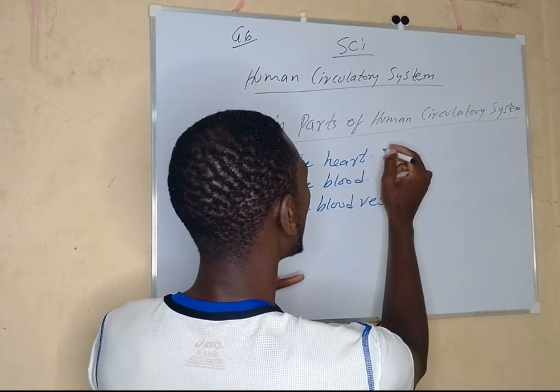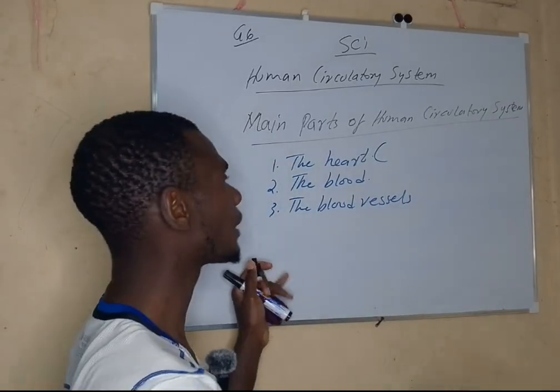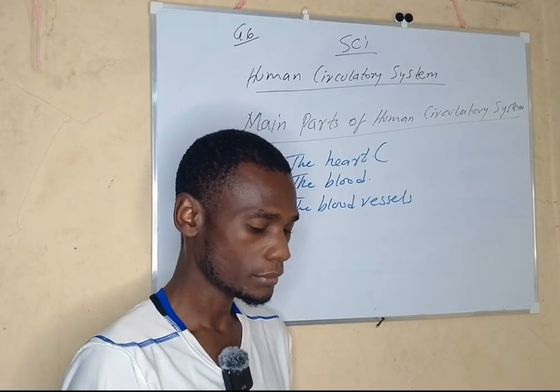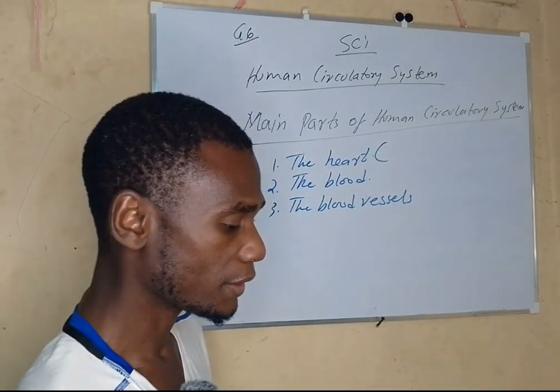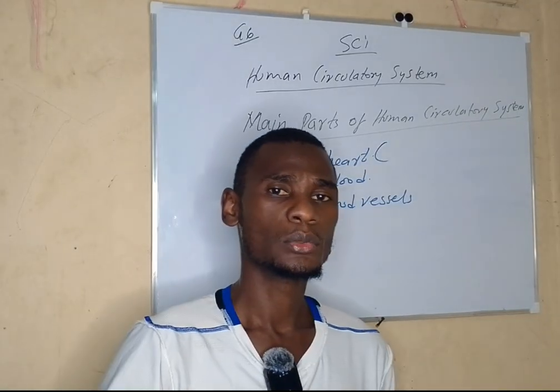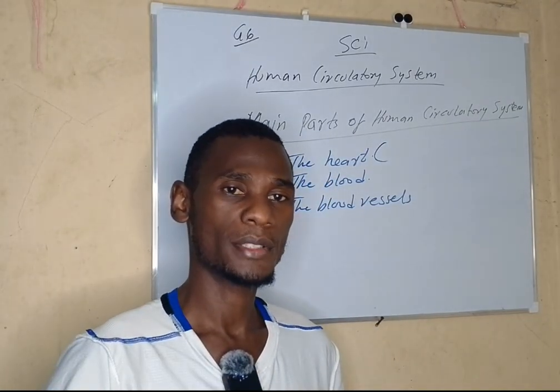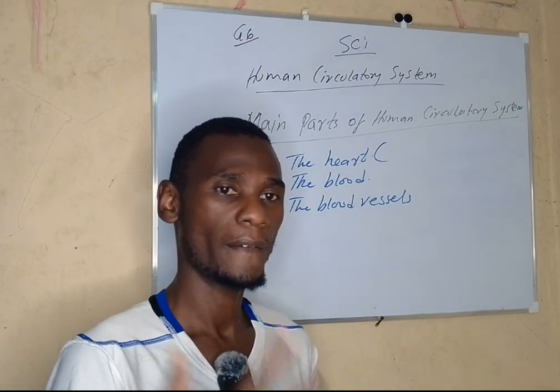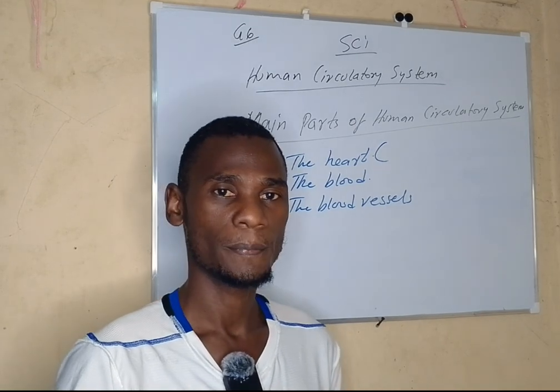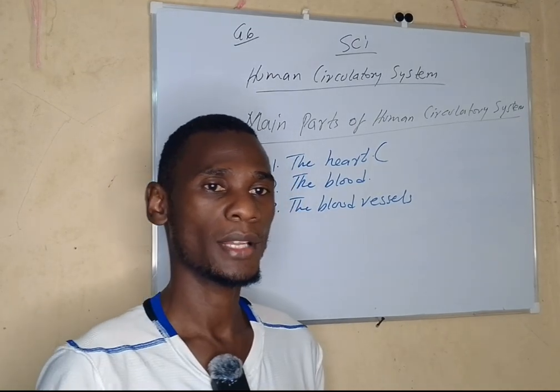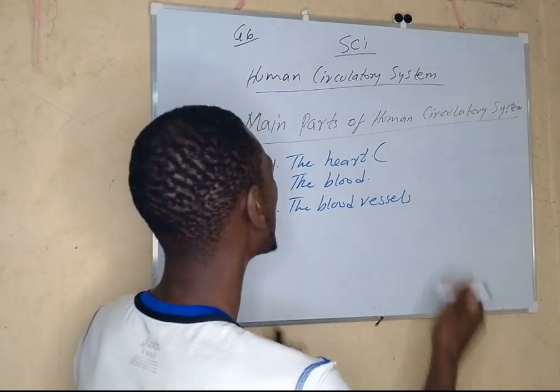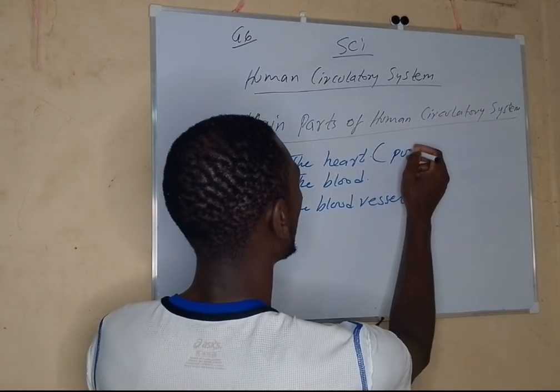So by a short definition of this system, if you want to know what they are: the heart is what pumps the blood in the body. So the heart in this system is a pump.